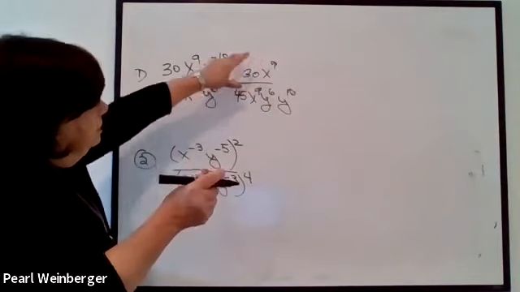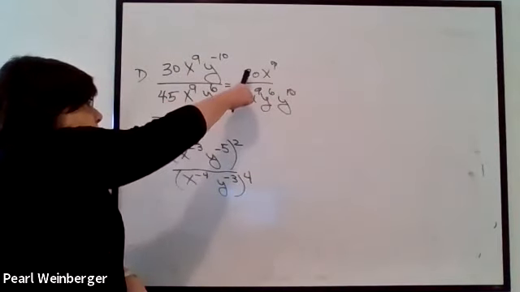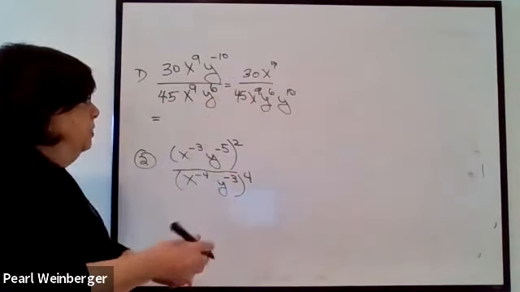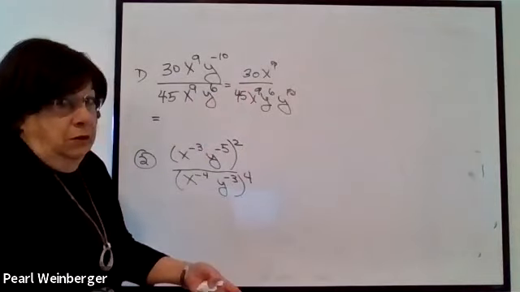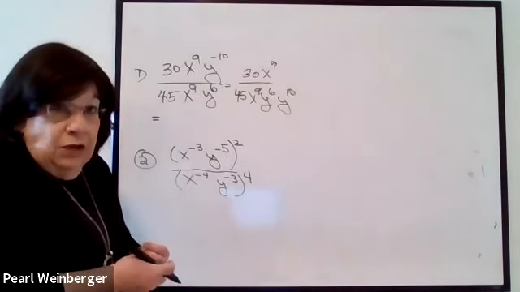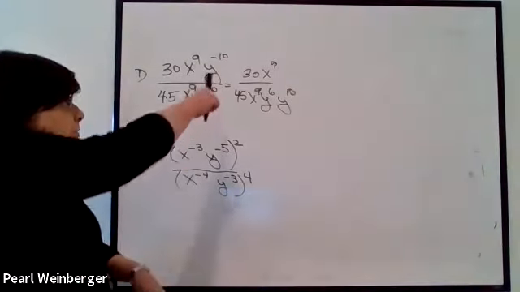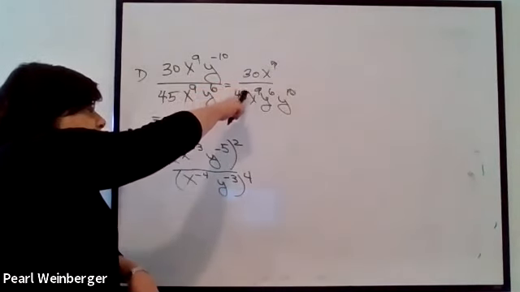Now we can see if we can make this any simpler. So first of all, the 30 and the 45, just regular reducing of fractions. What's the largest number that goes into both 30 and 45? What's the largest common factor? Obviously, it's 15.